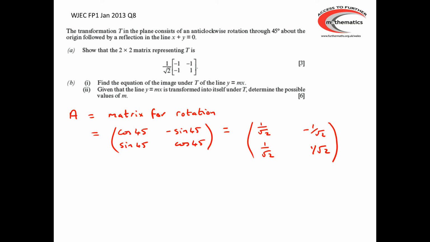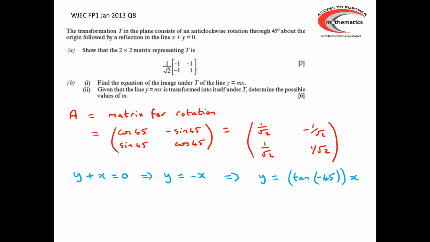The line x plus y equals 0 can of course be written as y equals minus x, or if you like, y equals minus 1 times x, and minus 1 is of course the value of tan minus 45. So we've got a reflection in the line y equals tan minus 45 degrees times x.